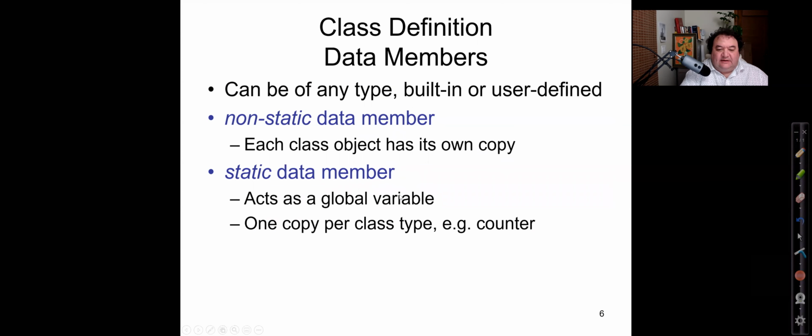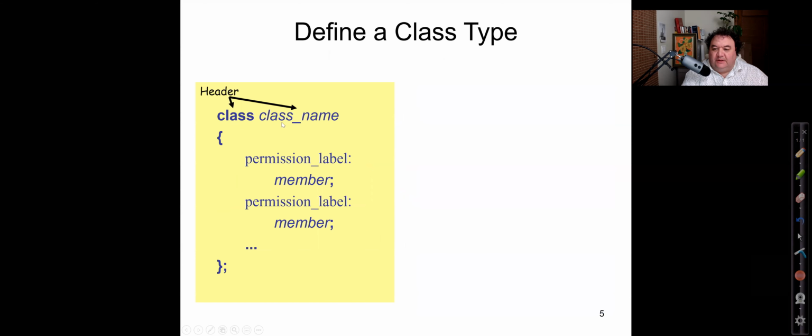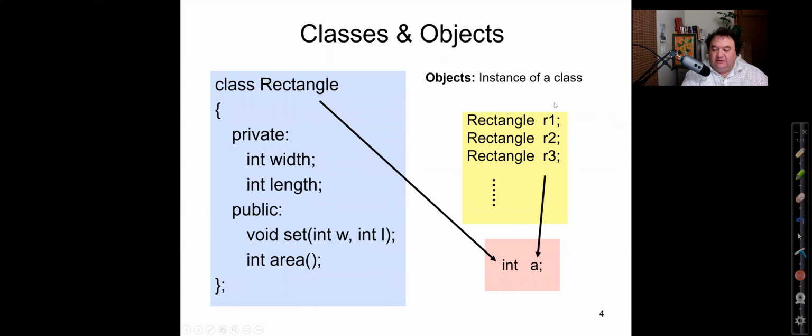Static members are the members that are part of all the instances of the class. As intuition will say, when we declare multiple instances of a rectangle, each of those instances has its own copy of width and length, so that every rectangle has its own dimensions.